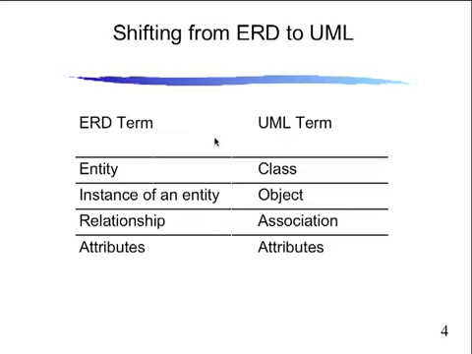In UML terms, we can show the role of the association, and we don't have any roles in entity relationship diagrams. The concept doesn't exist. In terms of an association, we can say a student enrolls in classes, or a student audits a class, or a student dropped a class, or a student added a class.